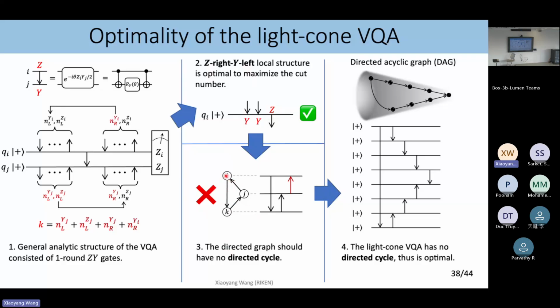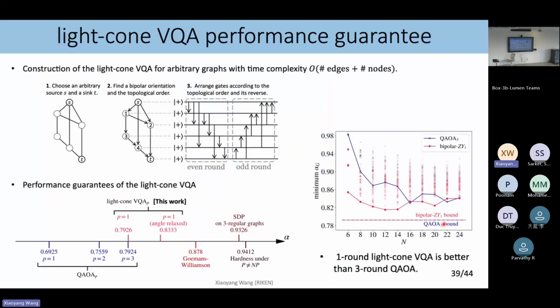For example, it cannot have an orientation of I to K, K to J, J to I. To avoid this directed cycle, we can naturally derive that the variational gates should be arranged in a Latcon pattern, so this Latcon VQA is optimal for a higher performance guarantee.